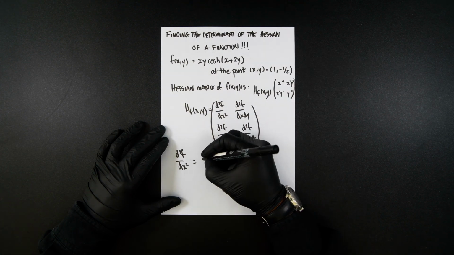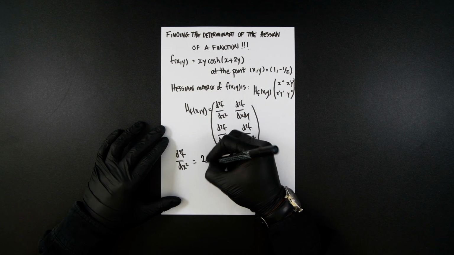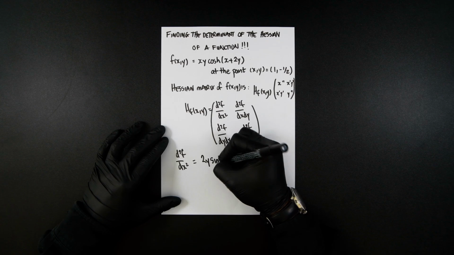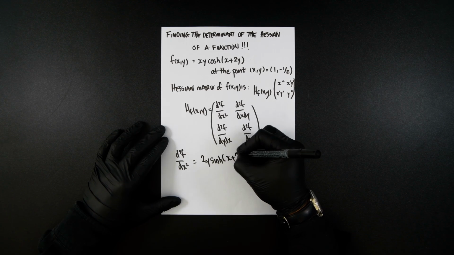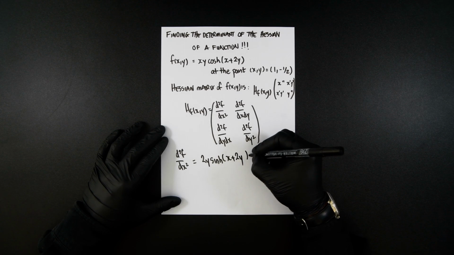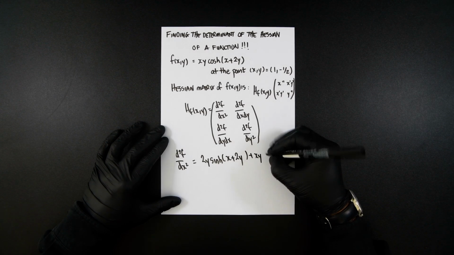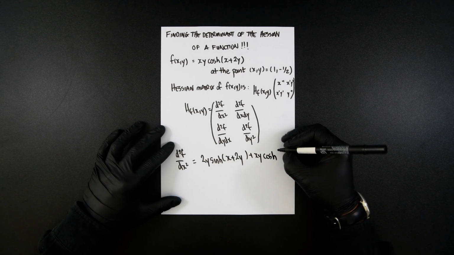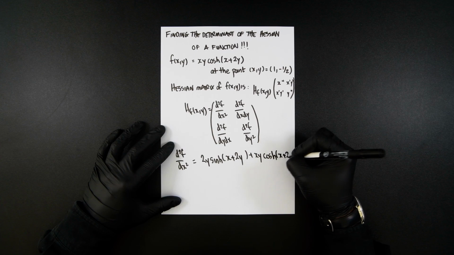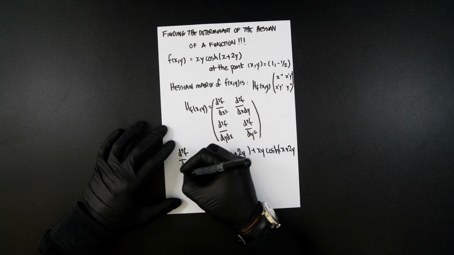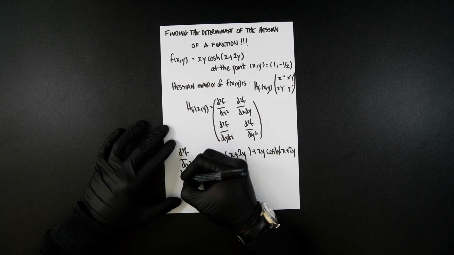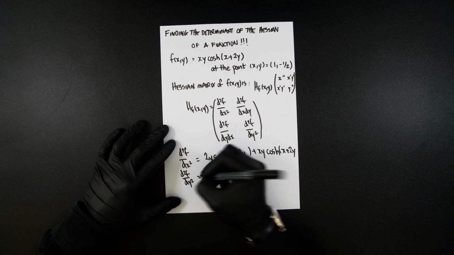So this differentiated twice would be 2y sinh(x plus 2y) plus xy cosh(x plus 2y).